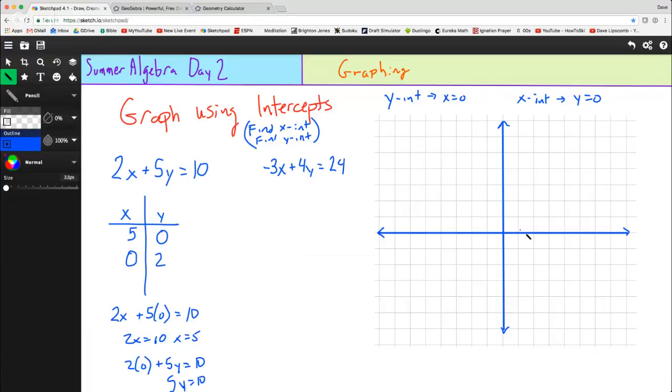If I plot those 2 points, going 1, 2, 3, 4, 5 for (5, 0), and here (0, 2), I can now draw my nice line. Cool.